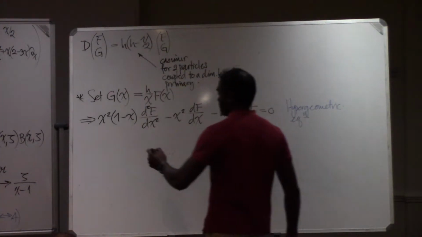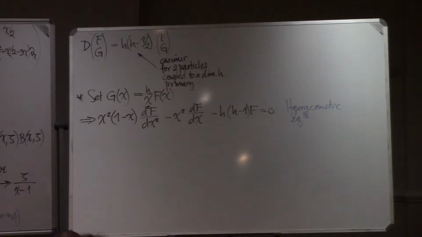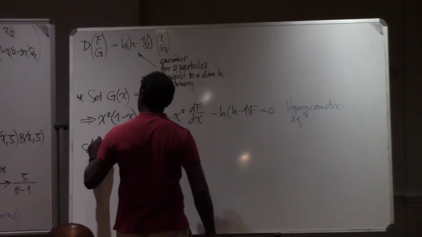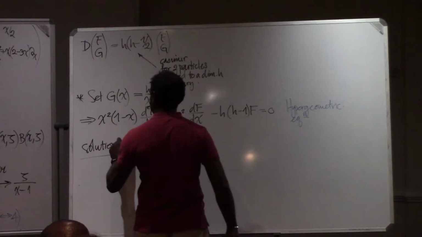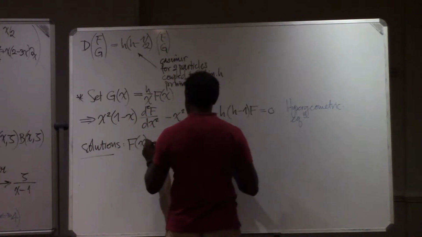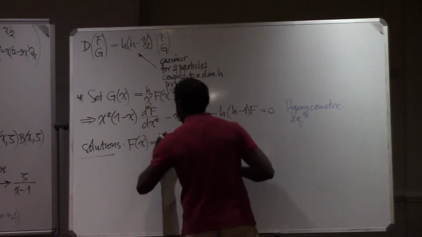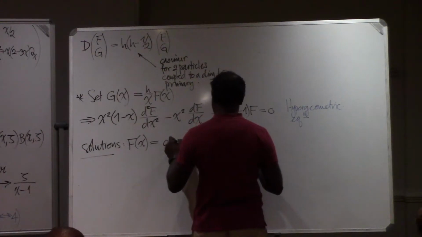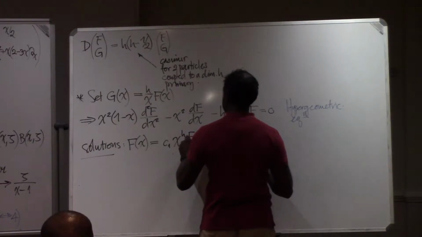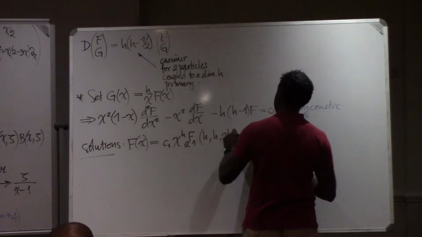These are the following. So the general solution of this equation is that f of chi is some c1, little c1, chi to the h times the hypergeometric function 2F1 of h, 2h, chi.